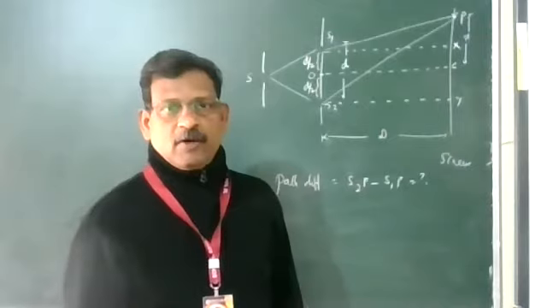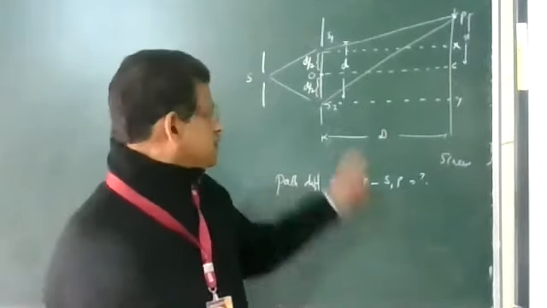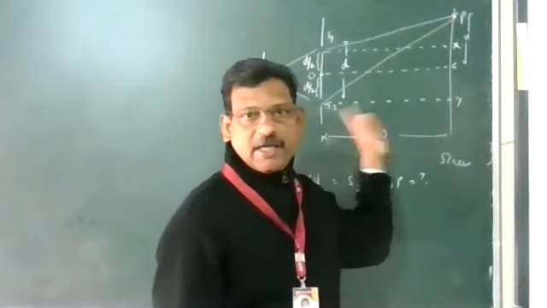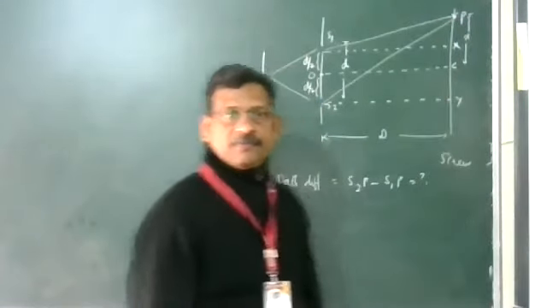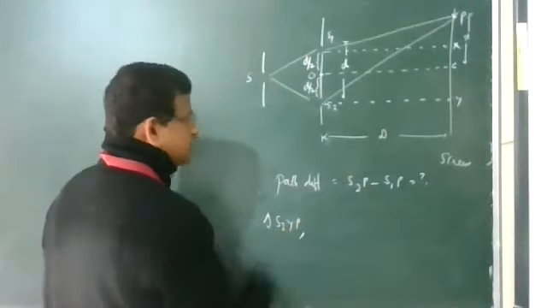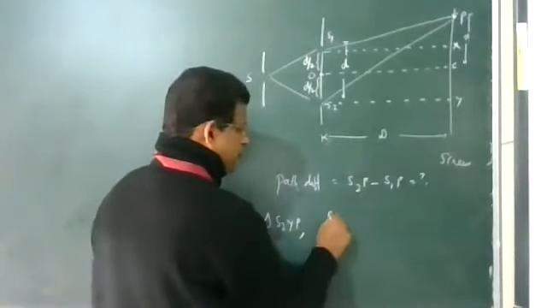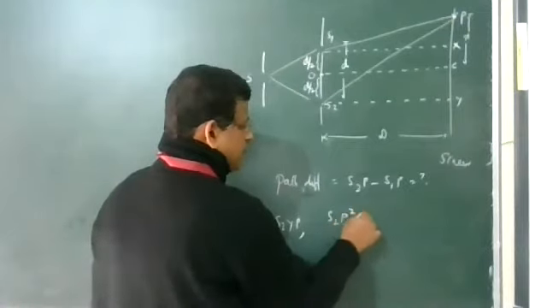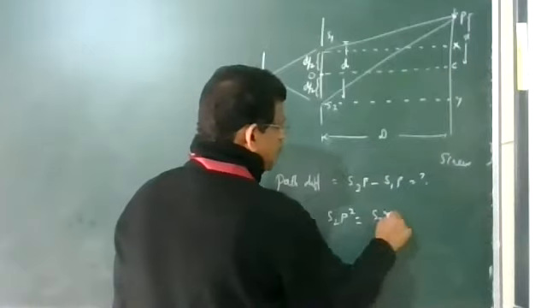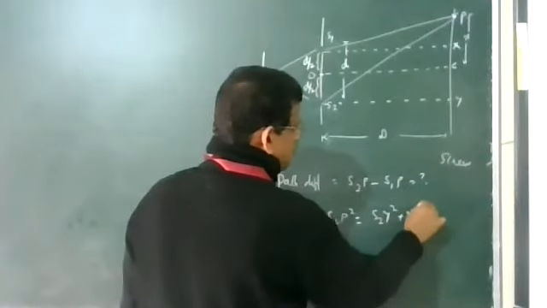So we are going to find out what is S2P. You can see the triangle here. S2YP is a right angle triangle. So triangle S2YP is a right angle triangle. You can find out S2P: S2P square is equal to S2Y square plus YP square.